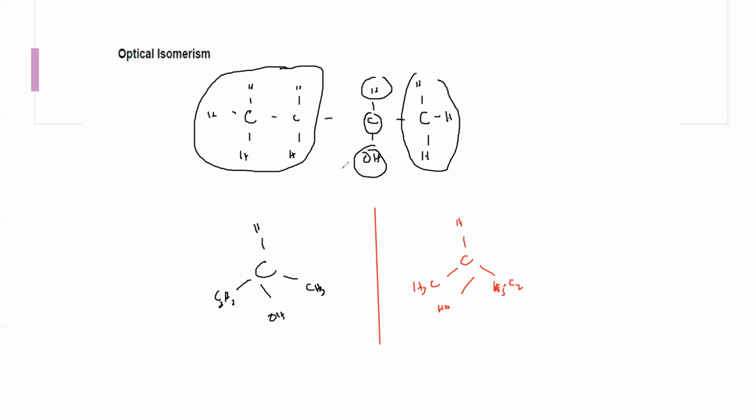Is it clear how to draw the optical isomer? First you have to find the chiral carbon, then draw the four groups around that chiral carbon, then draw the mirror image.